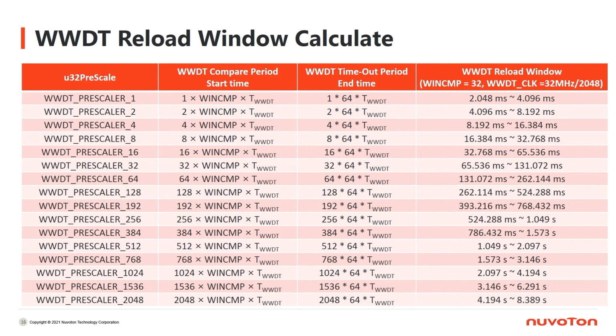The same as the start time, it has to be multiplied by the value of the prescale as well. Since the WWDT counter is a 6-bit countdown counter, the timeout value would be 2 to the 6th power, which is 64. We also take the first row for example.